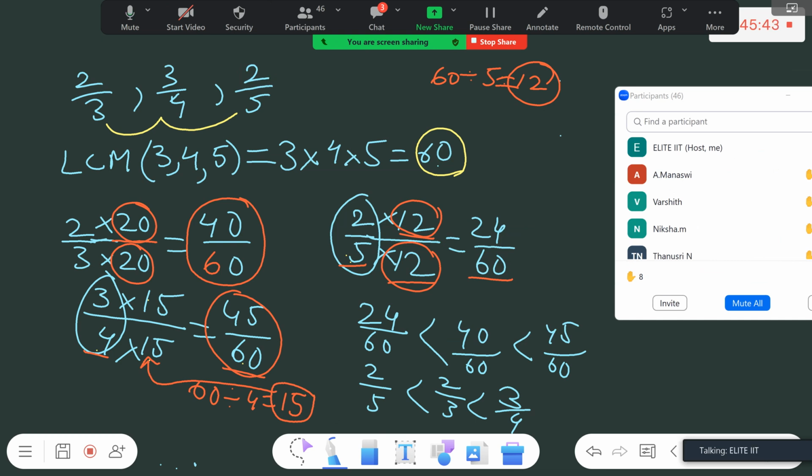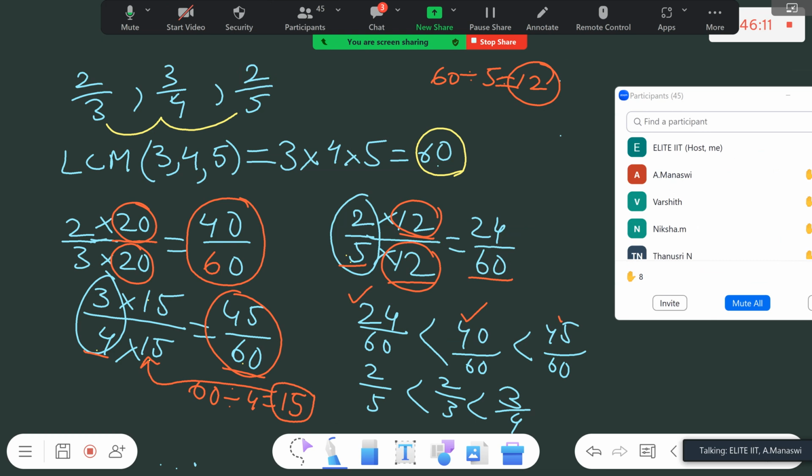Now we see all of these denominators are equal: 60, 60, 60. So now you can compare them by comparing the numerators. Which is the smallest numerator? 24.